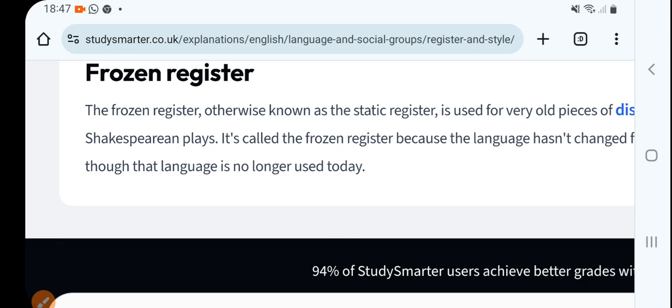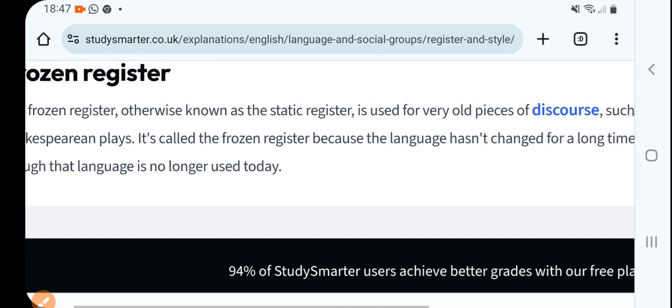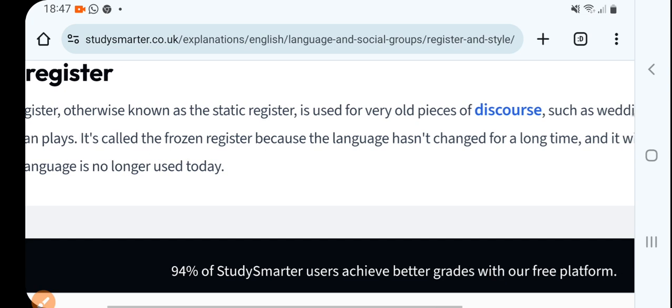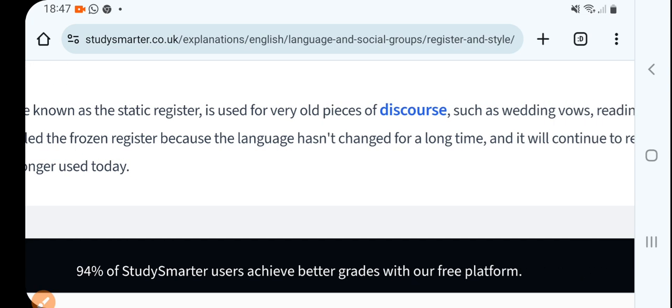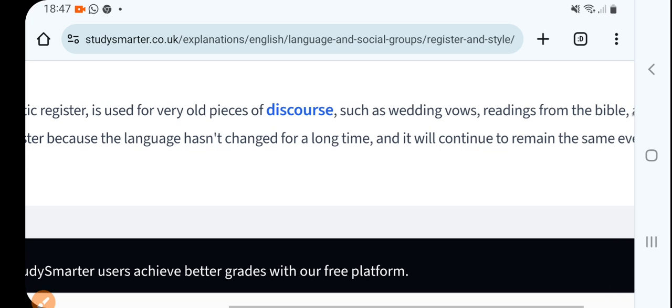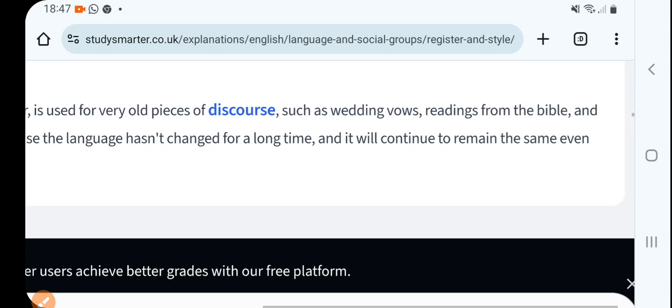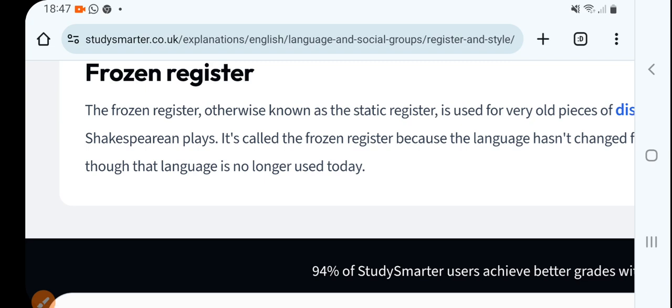What is the frozen register? The static or frozen register is used for very old pieces of discourse. Suppose we discuss wedding vows, right? And if we discuss the Bible, right? And then Shakespearean plays.